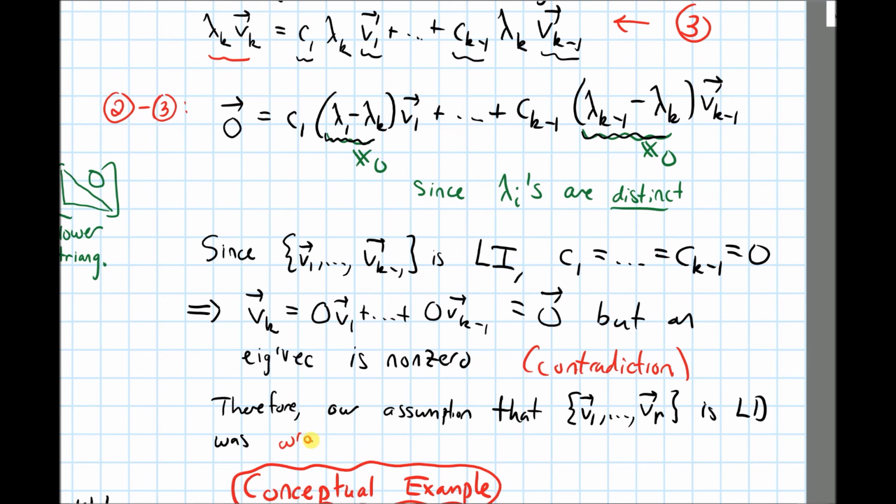Let's write wrong in red. And if our assumption was wrong, that means that v1 up until vr, that set of eigenvectors, is linearly independent, and that is what we wanted to show. So that concludes our proof.